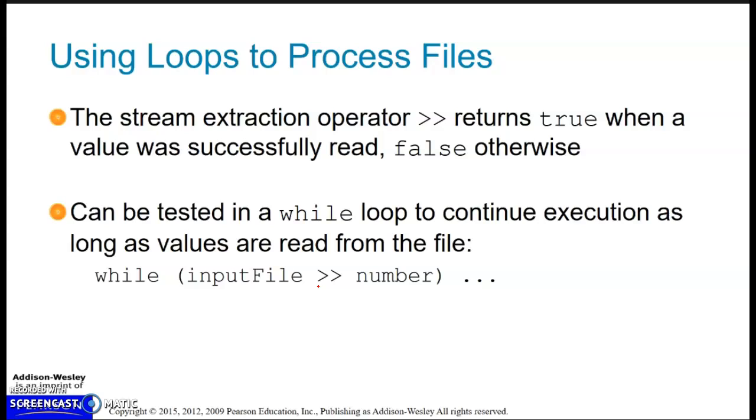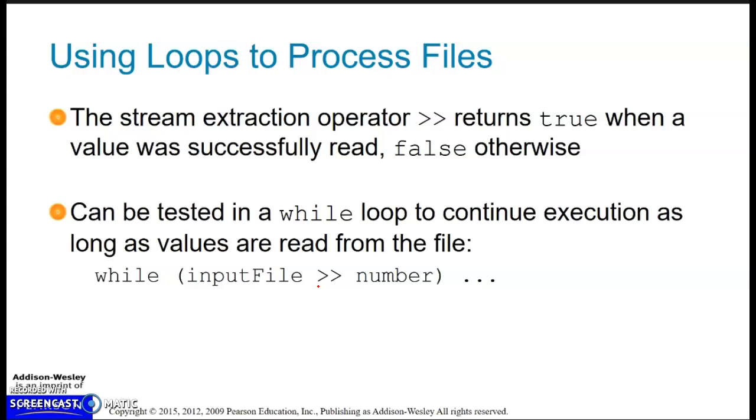We can use loops in the same way that we used loops for displaying to the screen. We can use while loops to also put information out into a text file. And that idea of the stream extractor, remember that idea of inputting information.